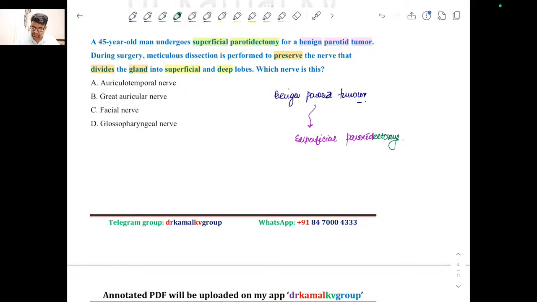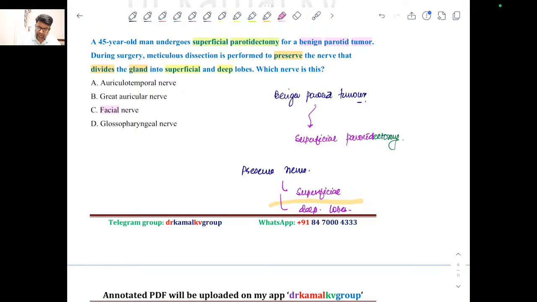Now what is the surgical concern here? We have to preserve a nerve which is dividing the gland into superficial and deep lobes, right? So we have to look for that nerve which is dividing the gland into two components. Now, can anyone tell me which nerve is this? Yes, very good.